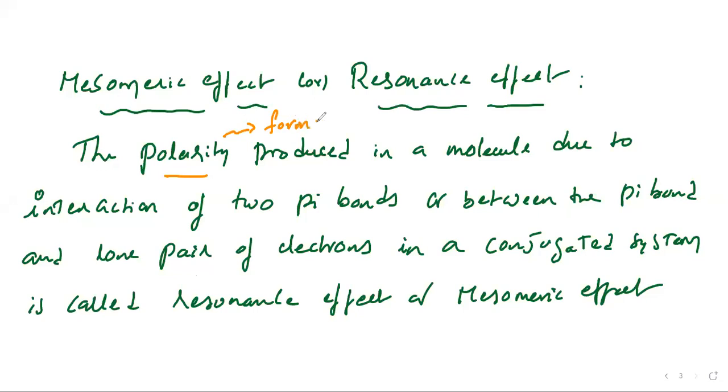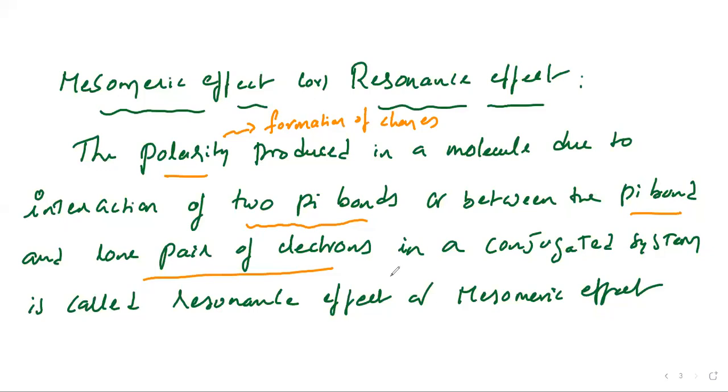Formation of charges, that we are calling polarity. So the formation of charges takes place due to interaction of two pi bonds, or between a pi bond and a lone pair of electrons, in a conjugated system. That is called resonance effect or mesomeric effect.